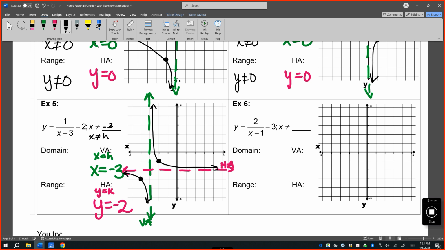Just like that. Okay? And then when you go to do your domain, it's just x can't equal our vertical asymptote. Range is y can't equal the horizontal asymptote.